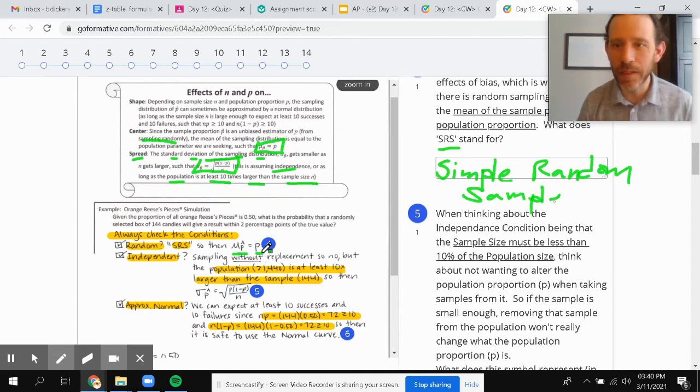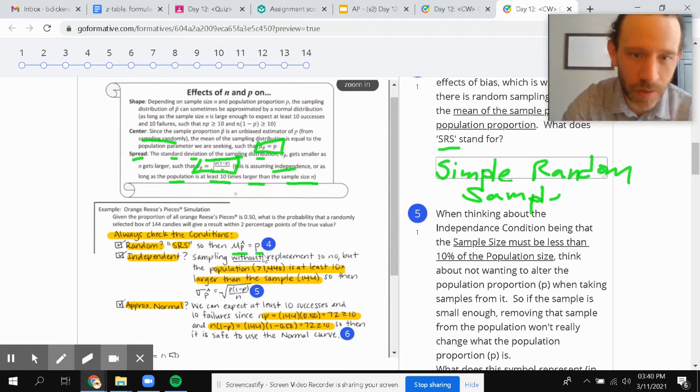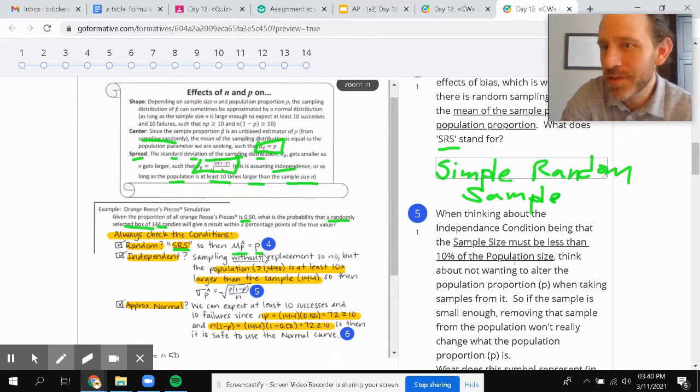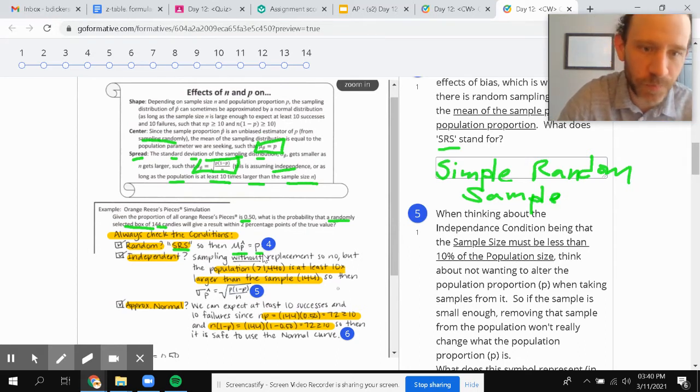So that's important, knowing what those letters mean. Where did we know that came about in this question? Well, if I read through, given the proportion of Reese's Pieces is 0.50, we already knew that. They looked at a randomly selected box of 144 candies. So it didn't say simple random sample, but they used that SRS in there. If it doesn't specify another kind of random sample, it's typically just a simple random sample.